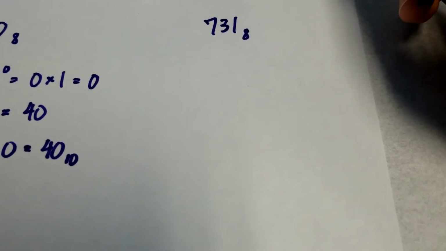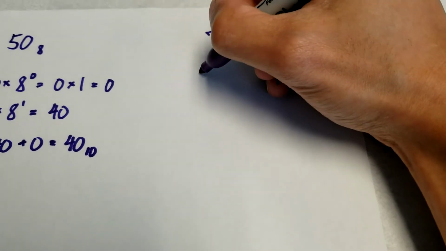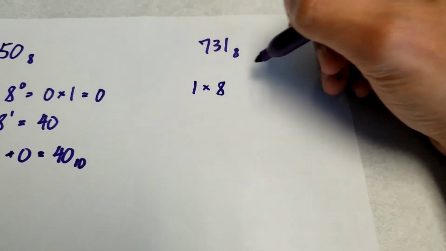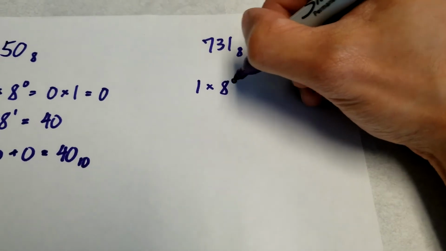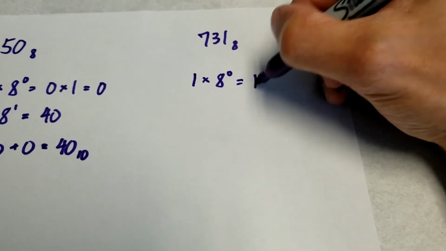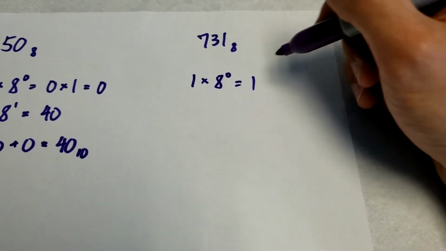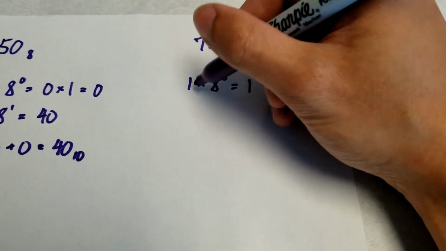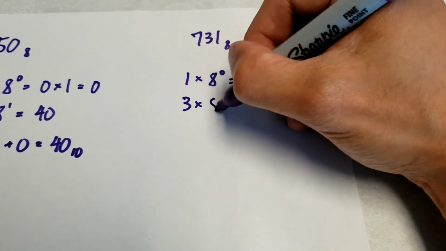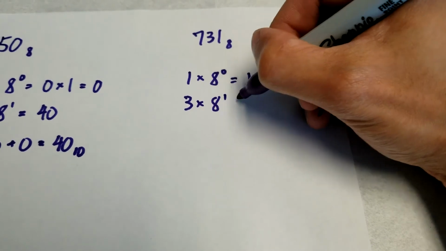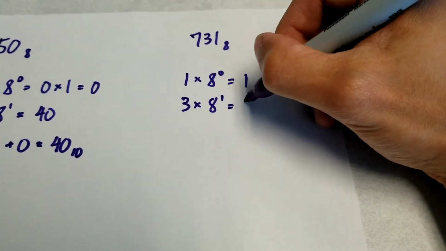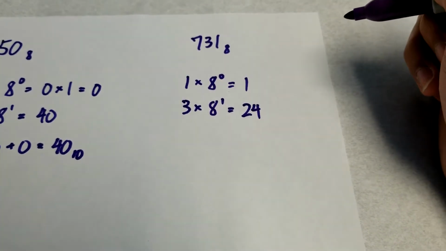So let's pick the 1 right here. That means 1 times 8 to the power of 0, which is 1. And then the next digit right here, 3. 3 times 8 to the power of 1, so that would be 24.